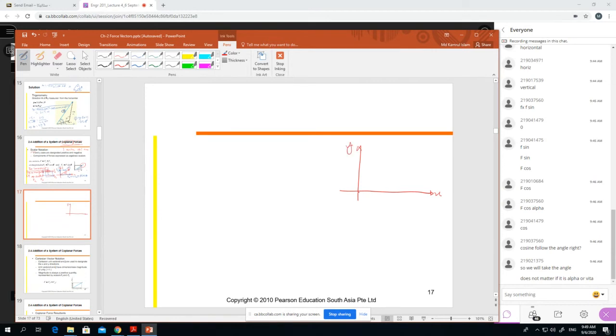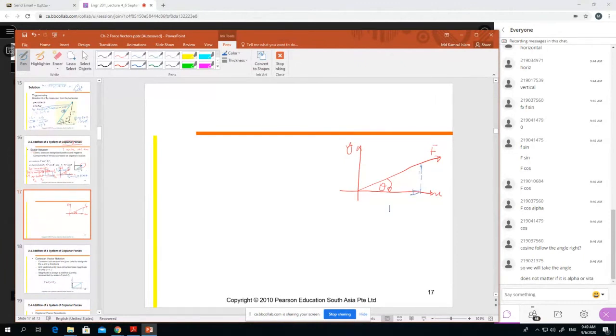Okay, and we have an inclined force here. This is very basic. Here is the theta angle. Now we need to find the components. We have to find two components.